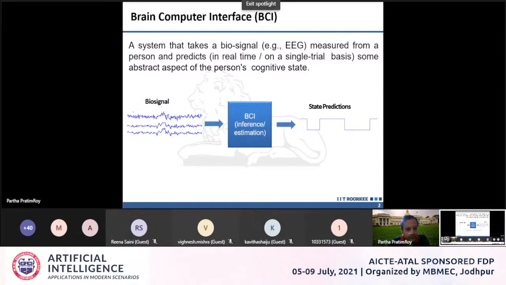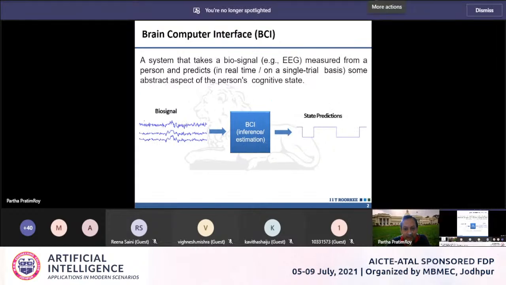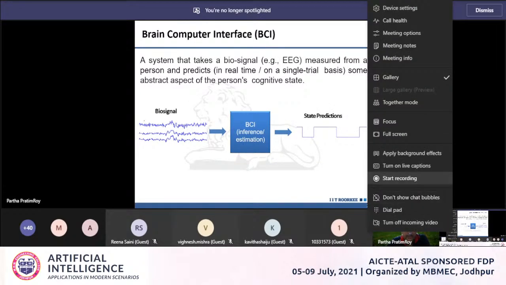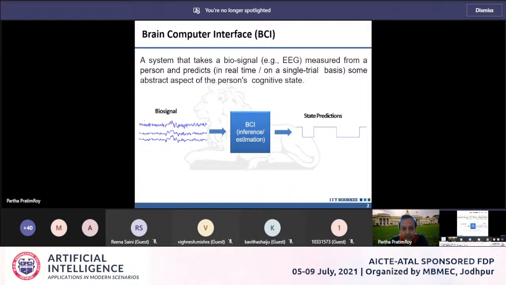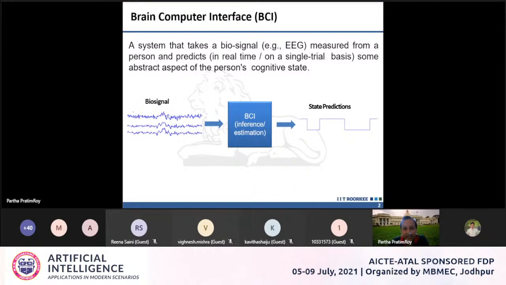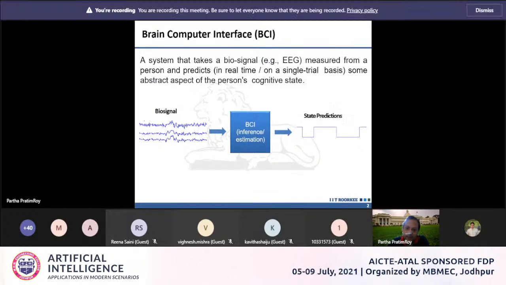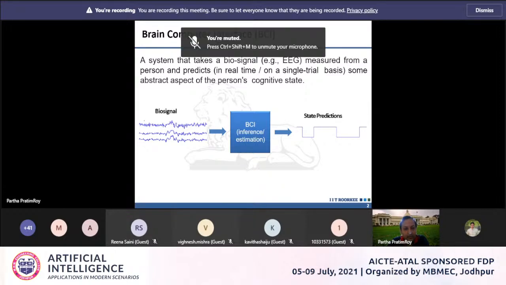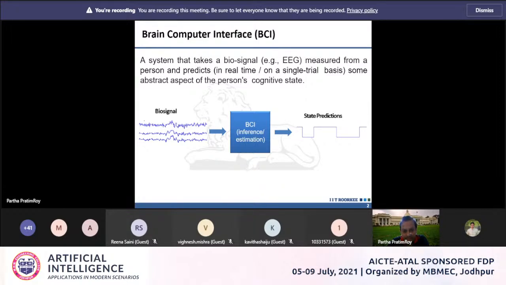Fine. So when we talk about AI and machine learning, you have lots of machine learning technologies available. Just before these 8 years, we had support vector machines and random forest classifiers for applications.